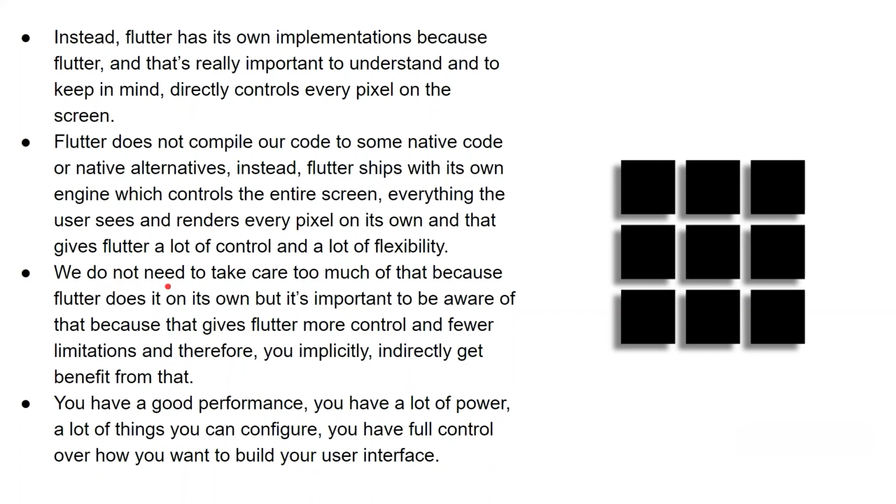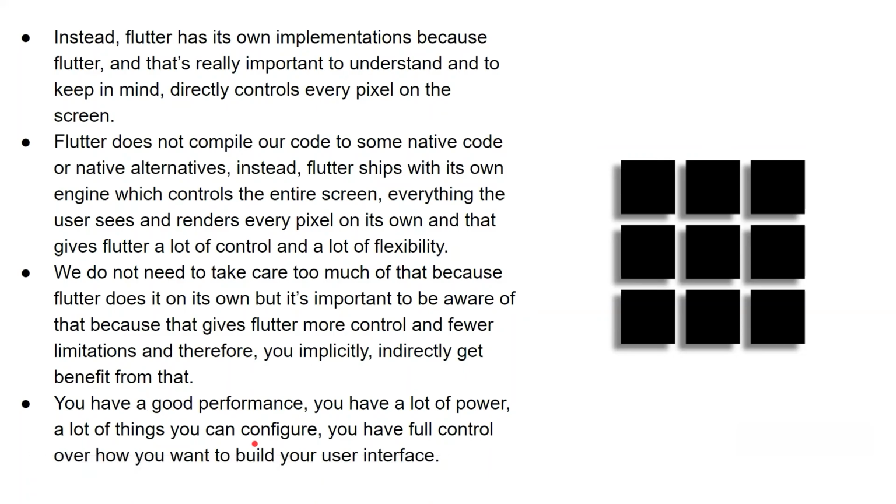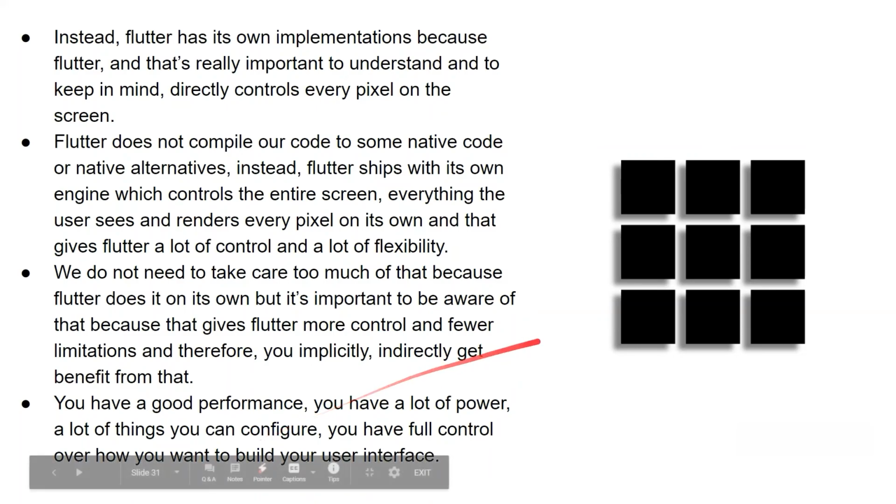We do not need to take care of that because Flutter does it on its own. But it is important to be aware of it because it gives Flutter more control and fewer limitations, and therefore you indirectly get the benefit. You have good performance, a lot of power, a lot of things you can configure, and full control over how you want to build your user interface.